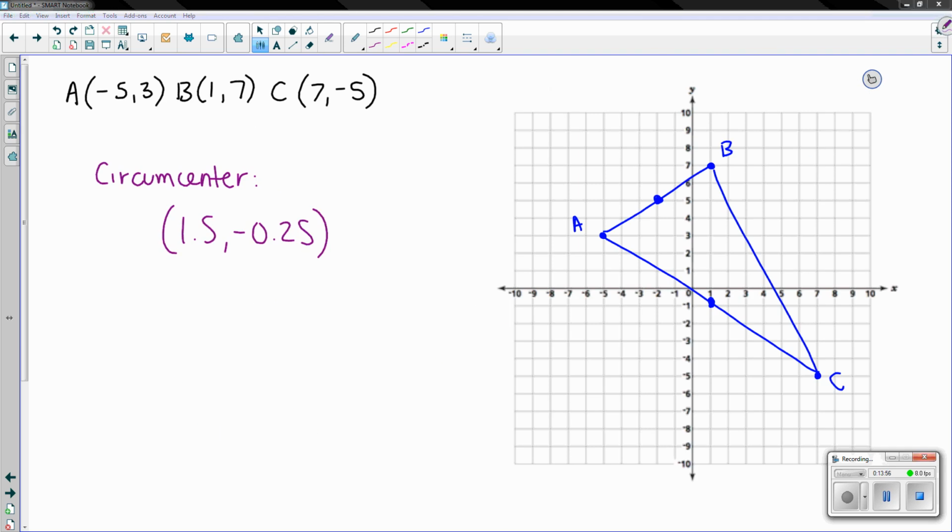Now let's check to see if this is accurate. If I plot 1.5, -0.25, I get a point that's right there. Now if I draw in the perpendicular bisectors, a line that runs perpendicular to this, just a rough sketch. Actually, I could draw those lines, and I should.